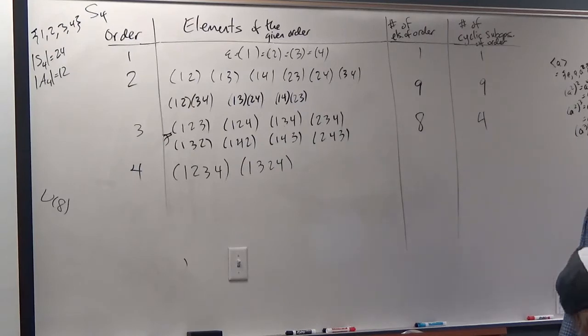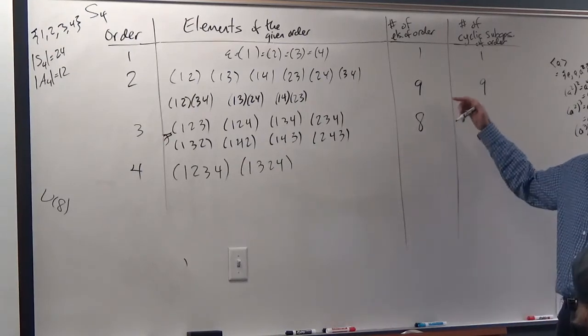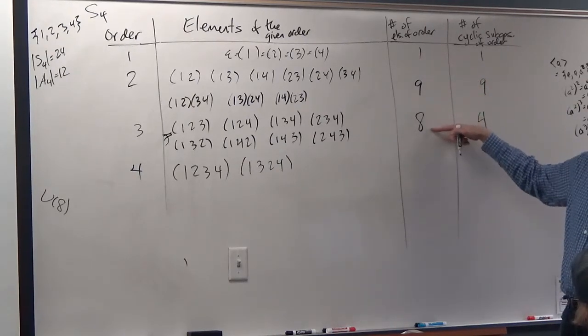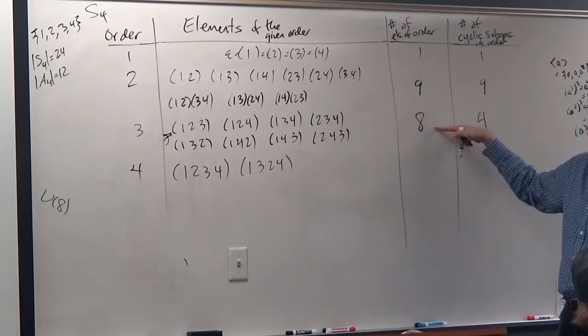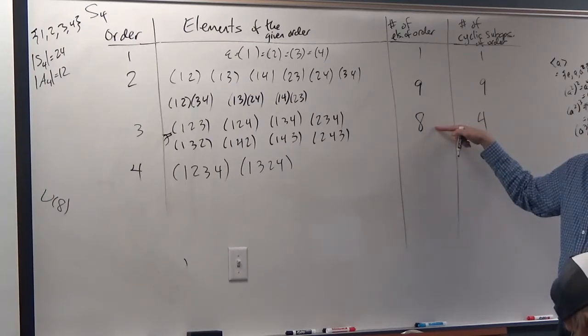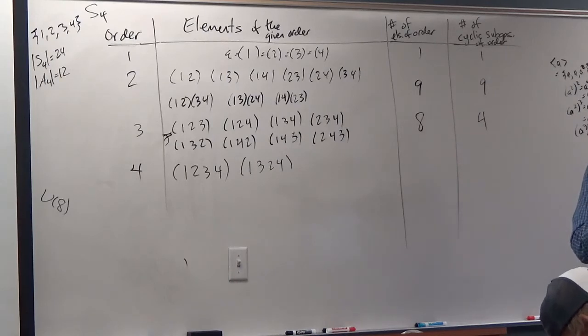There's another. How many should there be overall here, by the way? Yeah, there should be 6 of them. So far we've accounted for 18 elements up to that point. And there won't be any elements of order greater than 4 in S4.